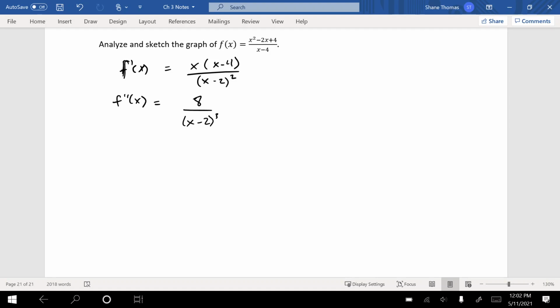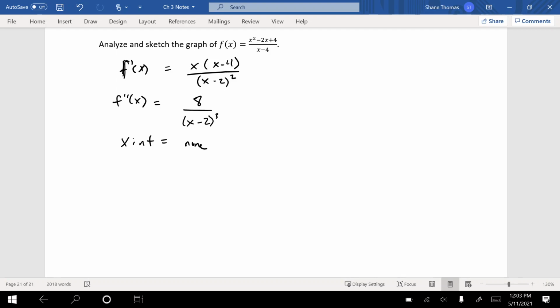We'd end up with a really ugly quadratic formula for the top, and then we still have it over the bottom. But I'm going to help you out a little bit: there are no x-intercepts here.